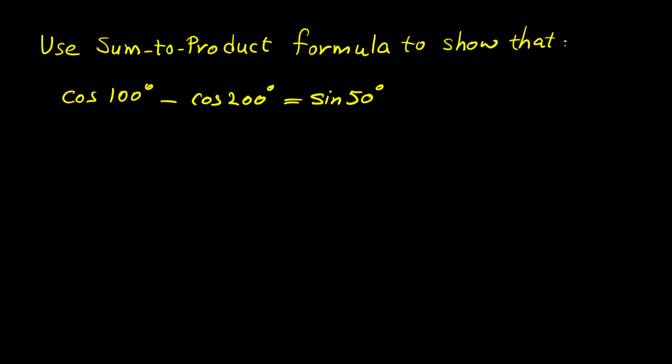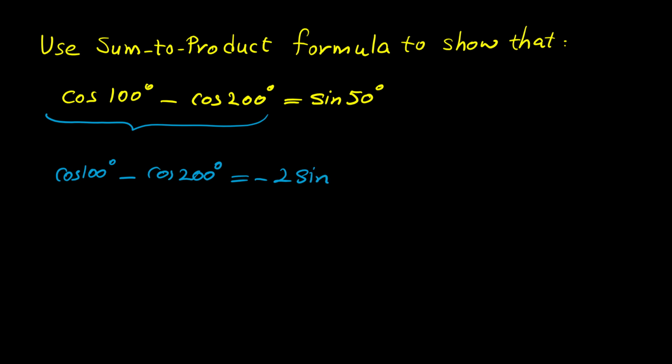based on the formula, cosine of 100 minus cosine of 200 is equal to negative 2 sine of the sum of the angles. 100 plus 200 is 300. Divide by 2 would be 150 degrees.